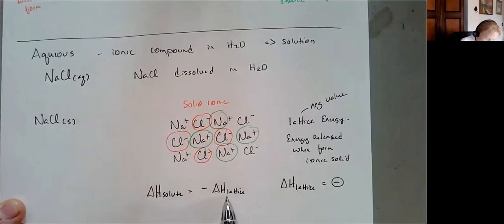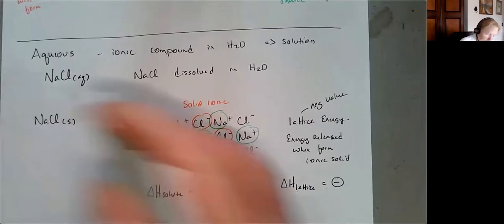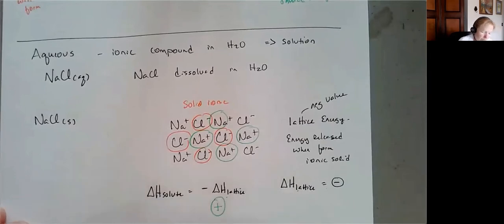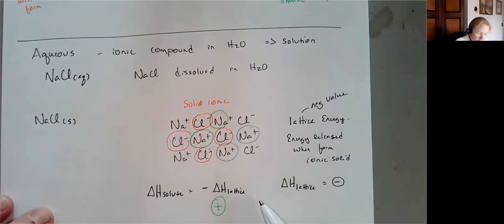So if I take the negative of a negative, that's going to give me a positive value because this is an energy requirement. So don't get confused because if you look up lattice energies, they're always going to be negative because they're favored. Right? When you form a lattice, you're favoring that. It's adding stability to all of those ions.